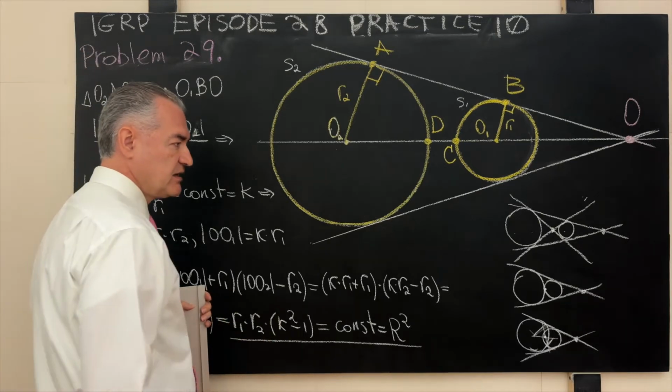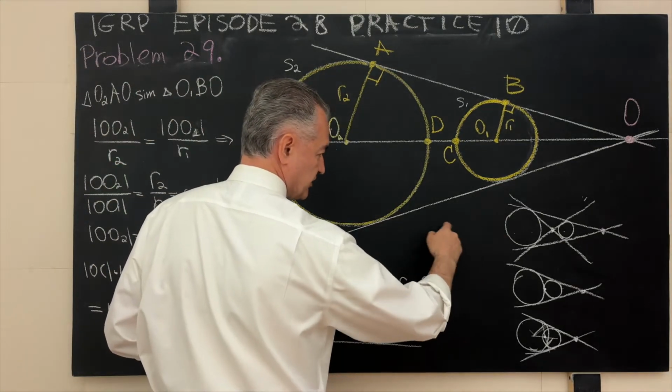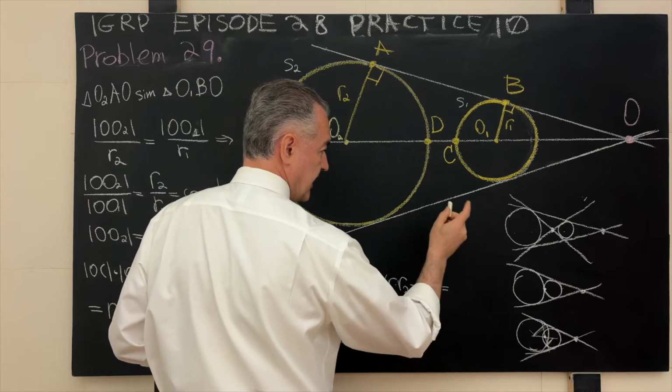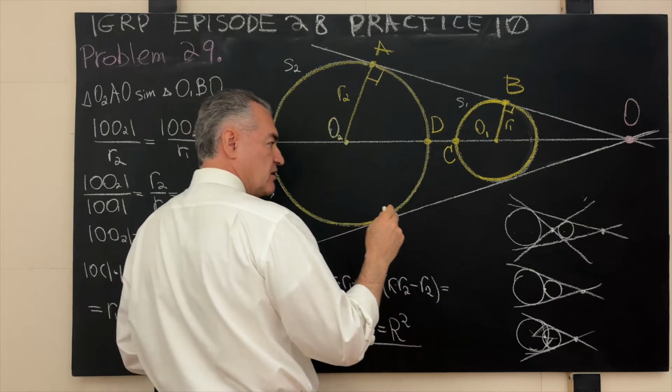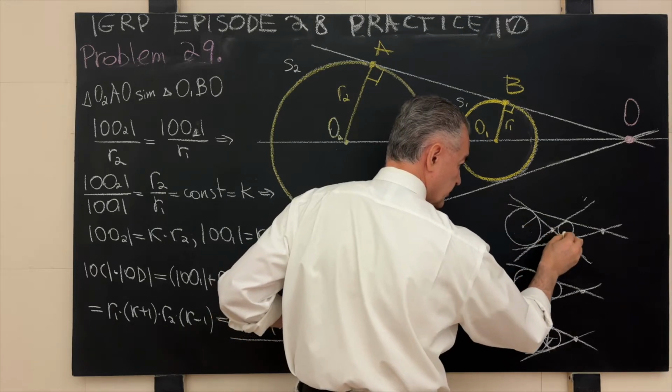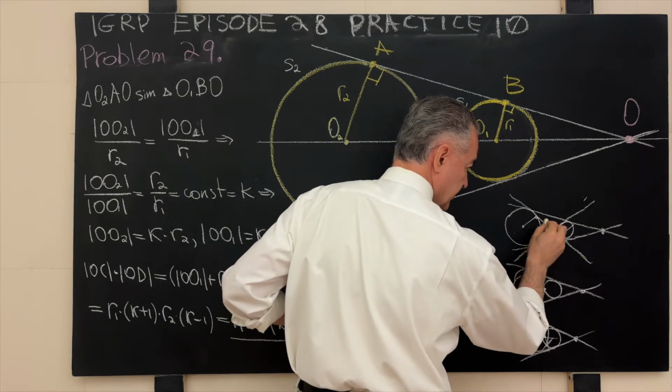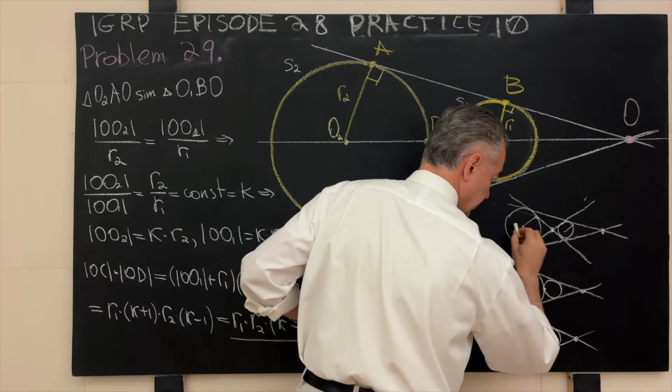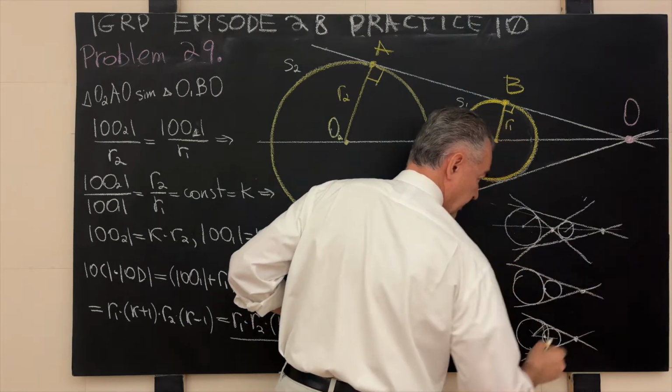The basic idea for construction of the centers of homothety is to construct any two parallel radii of the circles, for example, this one and this one, then take these points, construct a straight line, and then intersect that straight line with the line of centers.